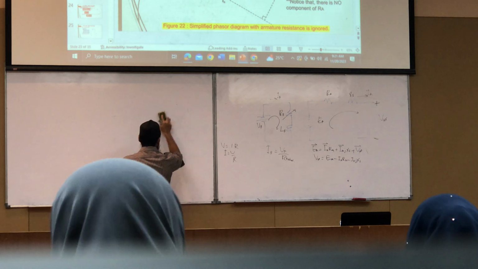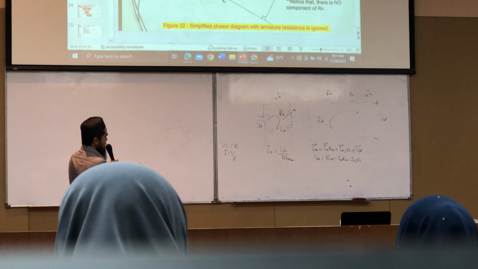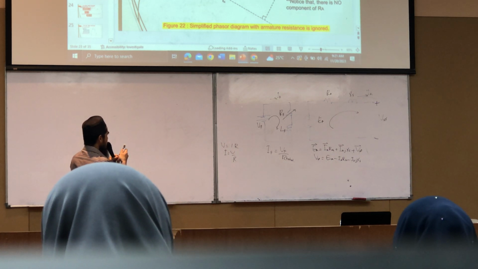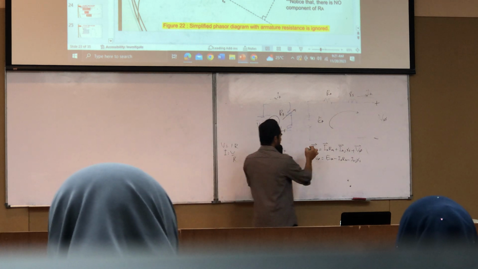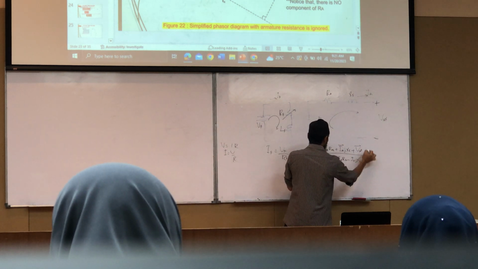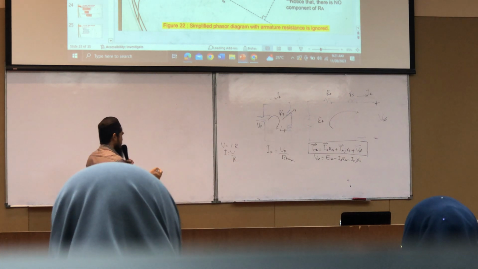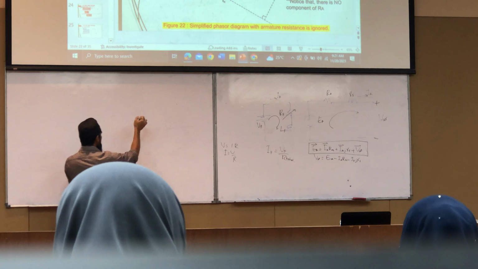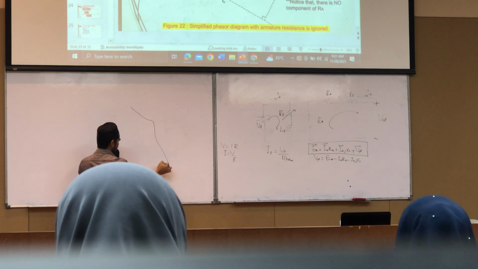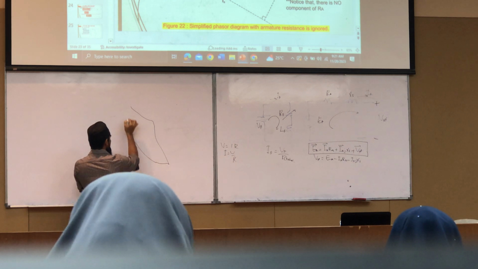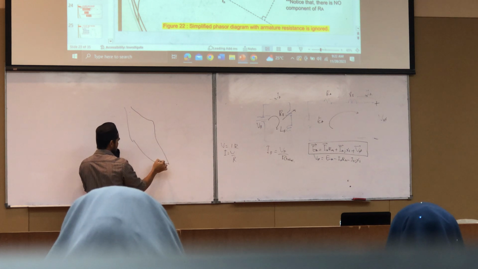Okay, untuk phasor diagram, how actually the phasor diagram created? Kita regenerate balik our equation ni dalam bentuk gambar rajah phasor. Contoh kata kalau you ada ni peta Semenanjung Malaysia lah. You nak pergi daripada Perlis ke Singapura.